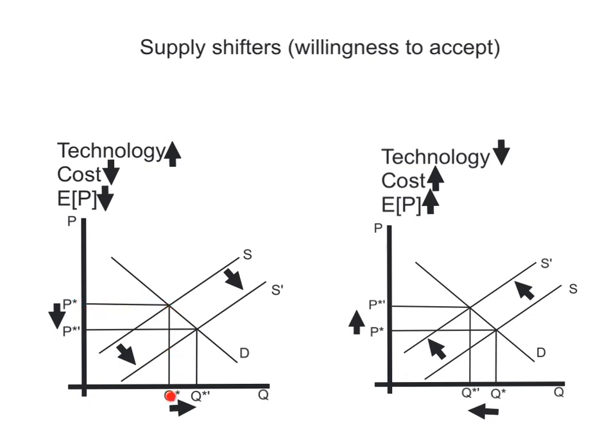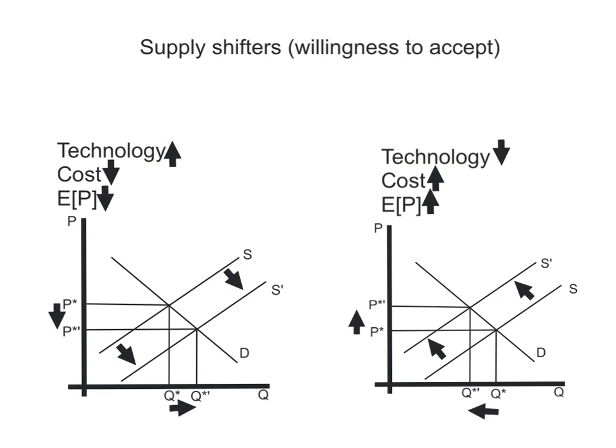If I take the same Q star up to my new supply curve, my increased supply, as it shifted from S to S prime, I can see on this new supply curve, producers are willing to offer the good for a much lower price than P star originally. And so what this means is that if supply were to increase, then producers are more willing to offer the good than they were previously.